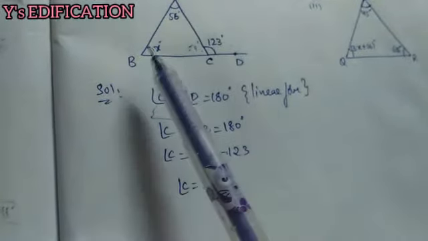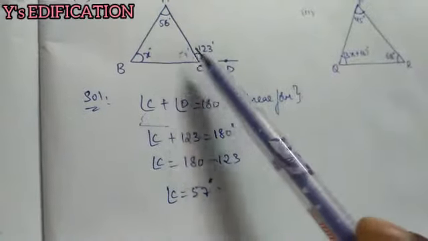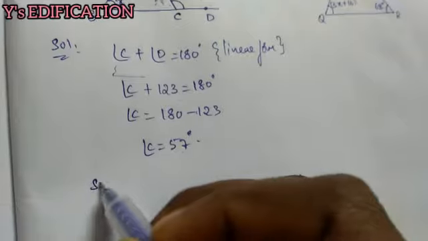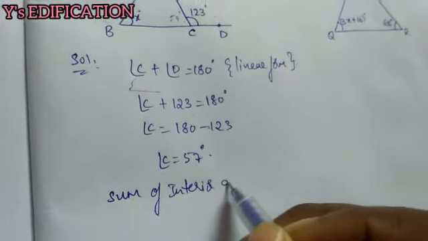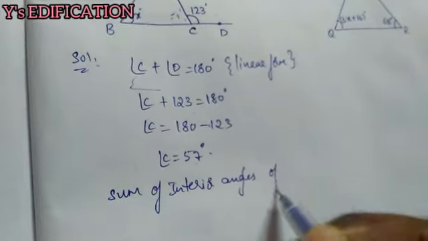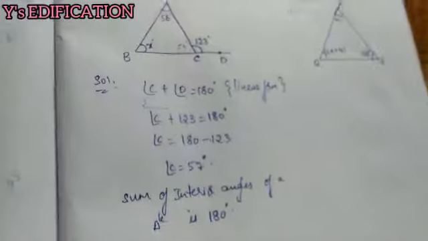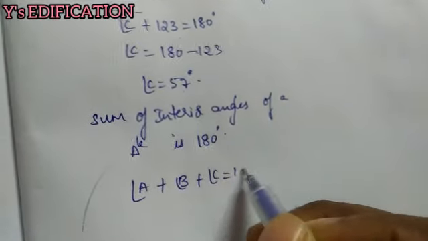Next, I want to find the value of x. I have already said the sum of the interior angles of a triangle is 180 degrees. That means angle A plus angle B plus angle C is equal to 180 degrees. What is A here?